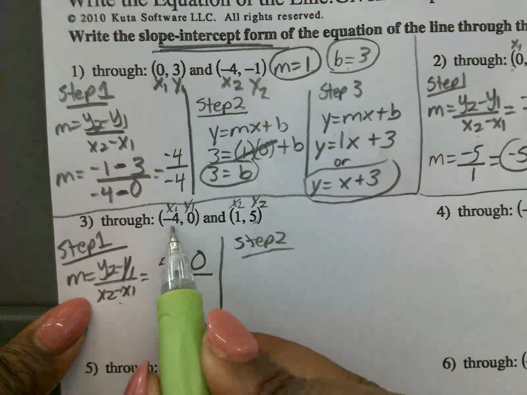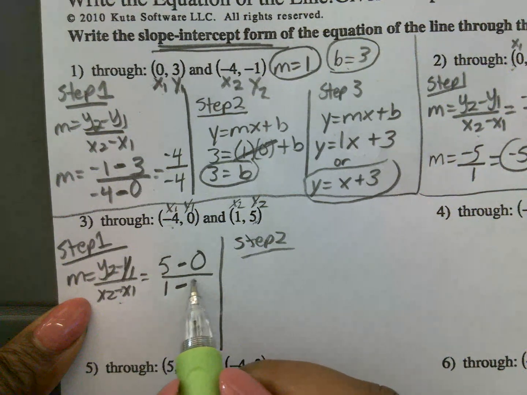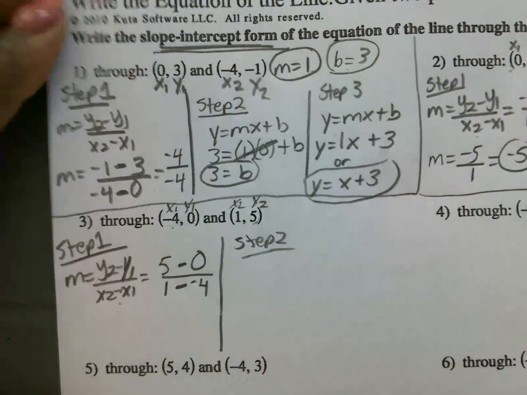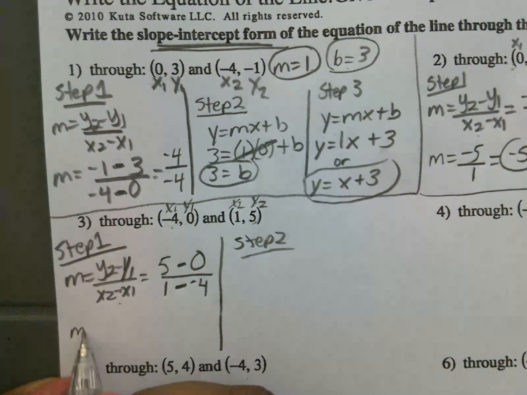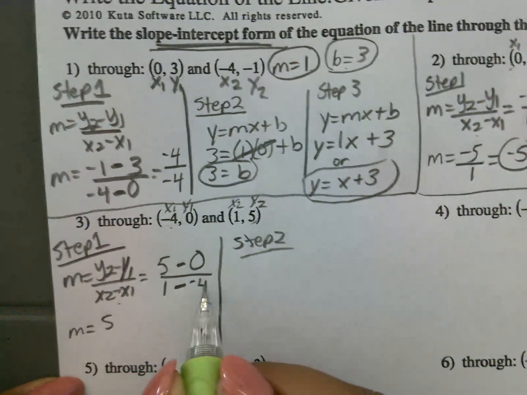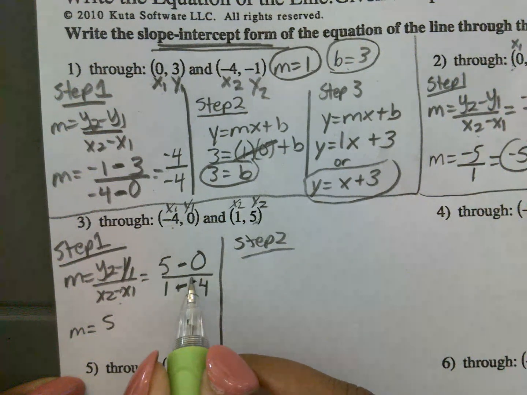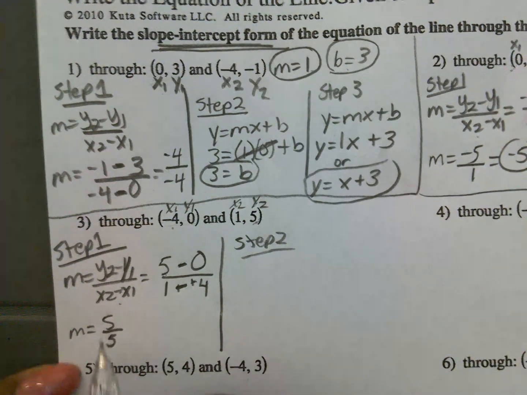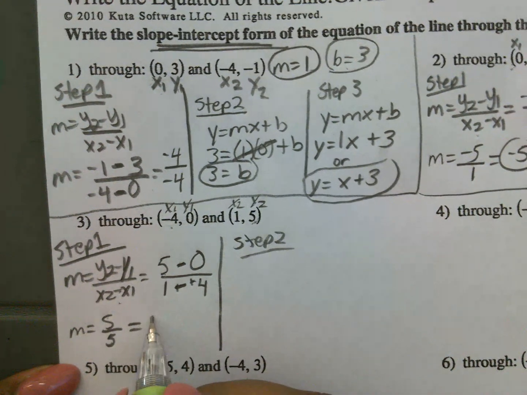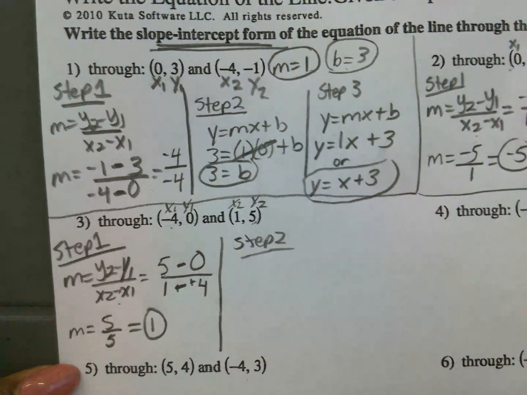Your x1 is -4. Okay? So when we subtract, 5 minus 0 still gives us 5. And on the bottom, when we subtract, this is plus a positive. This gives me a 5. 5 over 5 gives you 1. Slope here is 1.